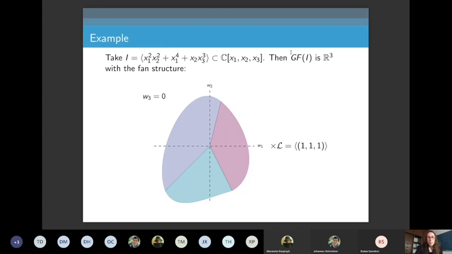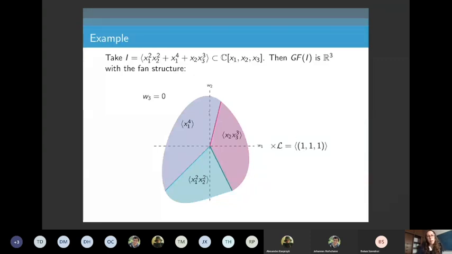So in particular, this means that my Gröbner fan here is actually two-dimensional times this one-dimensional linearity space. So it suffices to look at the slice where W3 equals 0. And in there, I can identify 3 cones and 3 rays, their intersections. And these are their corresponding initial ideals.